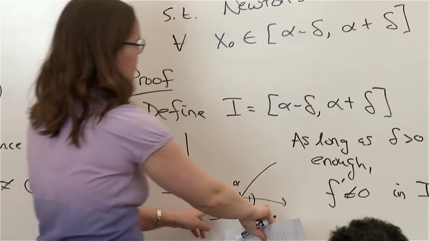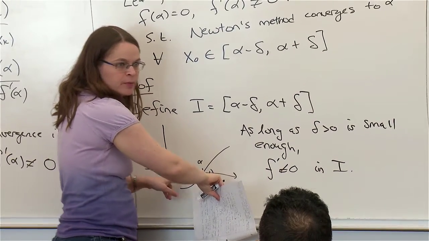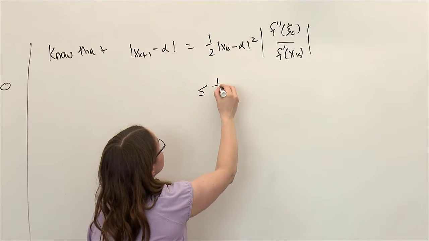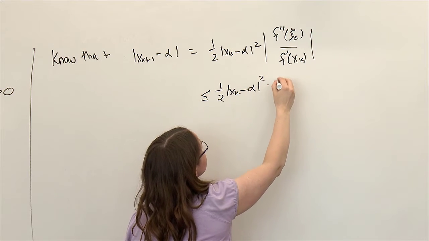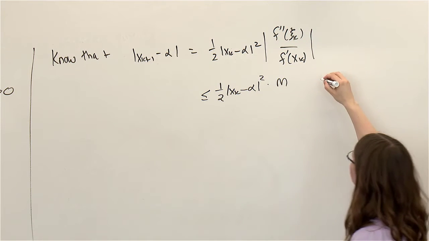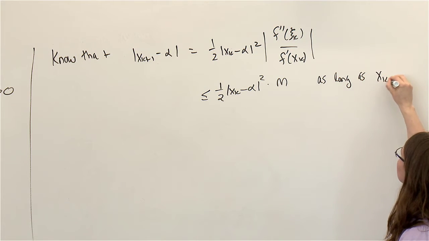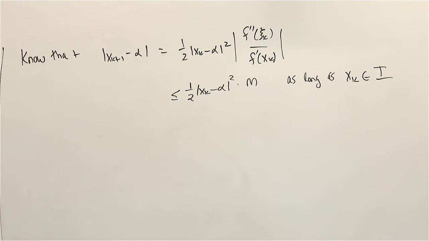So if I limit myself to an interval where I know that f prime is not becoming 0, then this certainly is bounded, as long as we stay in our interval. And m is just some constant. Maybe it's big, I don't know, but it's a constant.